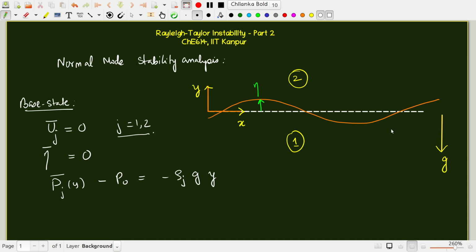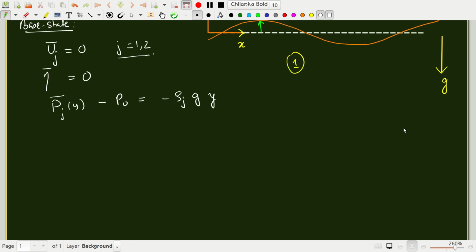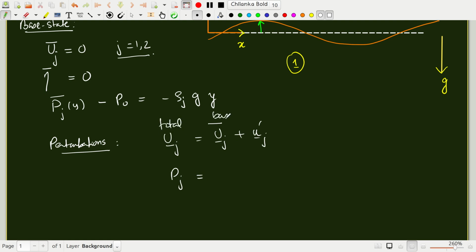And we're going to assume perturbations to this base state, and we're going to examine whether these perturbations are going to grow or decay. So the total velocity is given by the base state velocity uj bar plus uj prime. This is the total, this is the base state, and these are the perturbations.